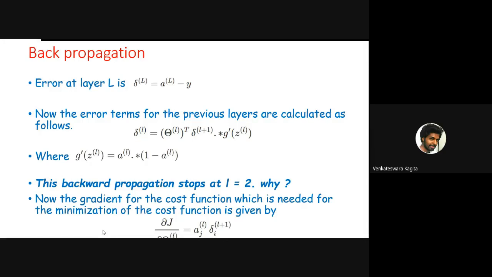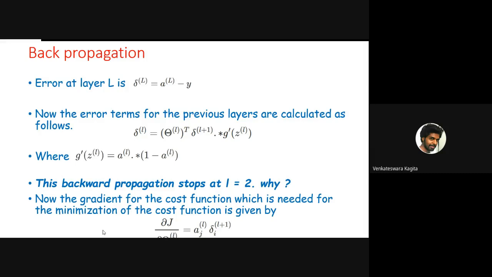Correct. So now the gradient of the cost function, which is needed for the minimization of the cost function, is given by this. You can directly compute this derivative of J with respect to theta Lij using this, Alj times delta i L plus 1. What you are doing is computing error terms at each and every layer, and you are using activation units and this error together to compute the derivative of the cost function with respect to a particular parameter.